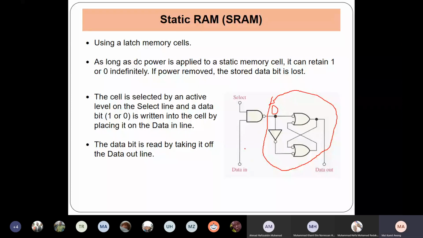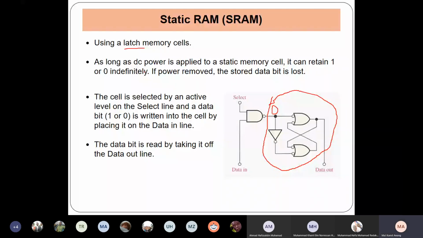So this is data in, and you have a select line. This is a D, and D bar. Remember? This is what we learned two lectures ago, the latches. It is not a flip-flop because there is no clock, so it's a latch.